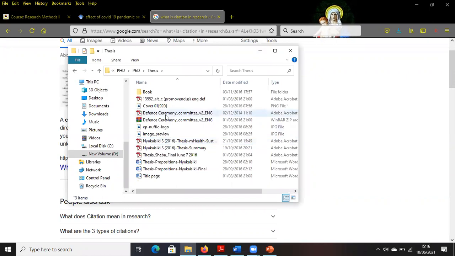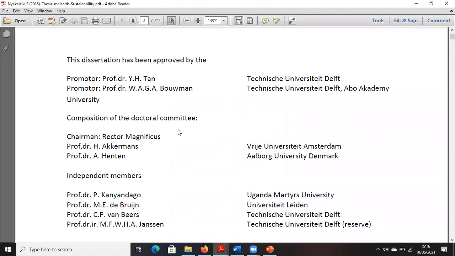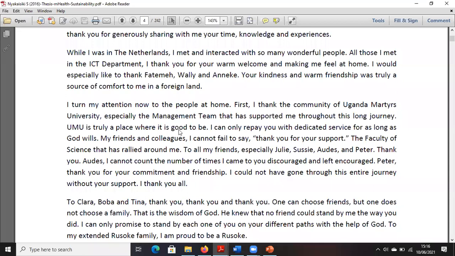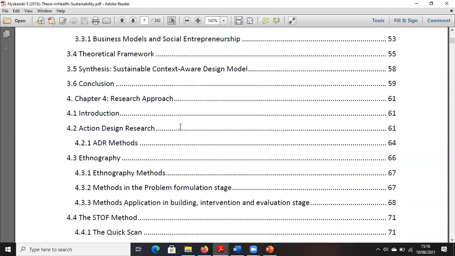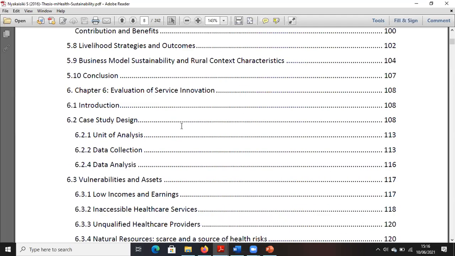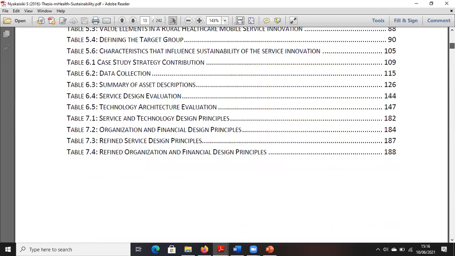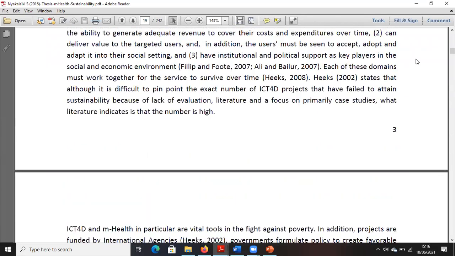Let me just pull up my thesis here and show you an example. So don't worry, this one is a PhD work, so it doesn't have to be as big as this.